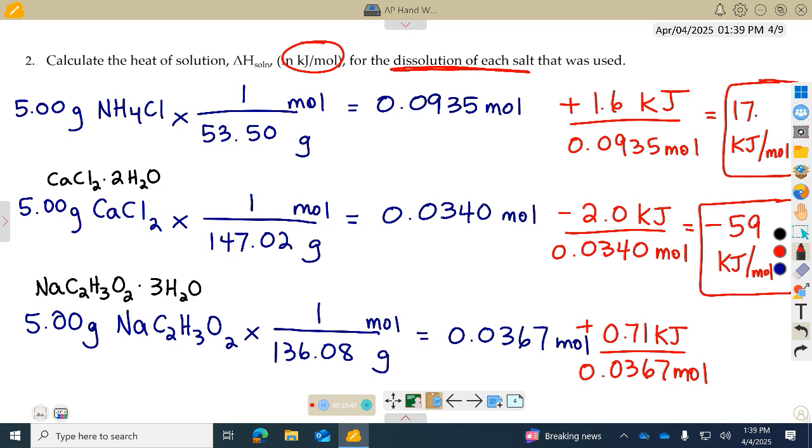Got the energy from the surrounding water. 0.71 divided by 0.0367. And I'd be looking at maybe like 19 kilojoules per mole. Endothermic by 19 kilojoules per mole.